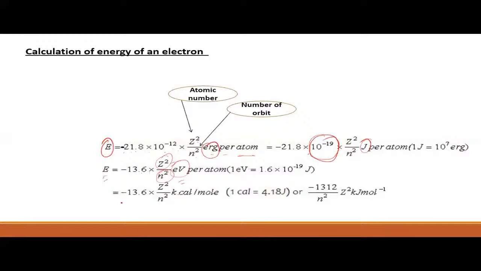Similarly, if we want to calculate energy in terms of kilojoule per mole, the formula is E is equal to minus 1312 Z square upon n square. Here Z is atomic number and n is number of orbit or energy level.